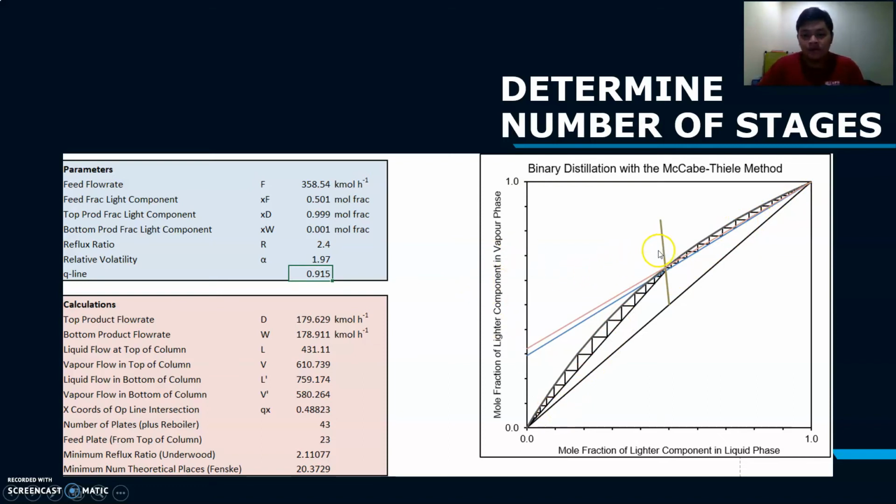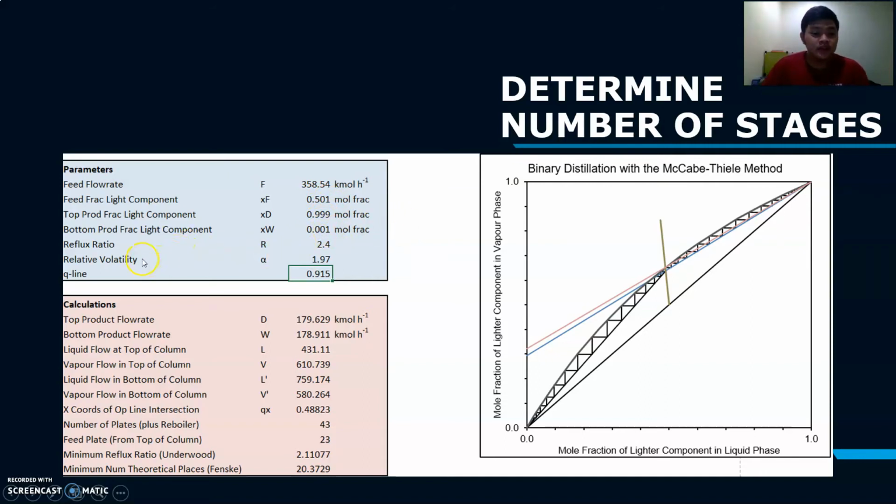The parameters that we need are F, the feed, XF, XD, XW, alpha, and the Q line. F is the feed flow rate, which is 358.54. XF is the composition of ethylene in the feed, XD the composition of ethylene in the distillate, and XW the composition of ethylene in the bottom, which are 0.501, 0.999, and 0.001 respectively.